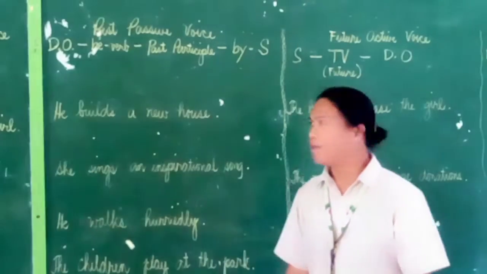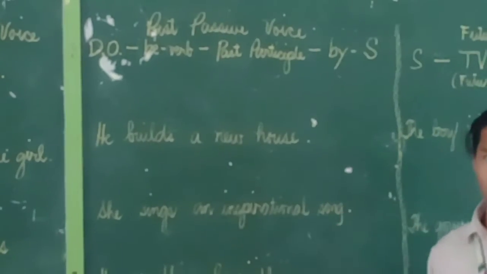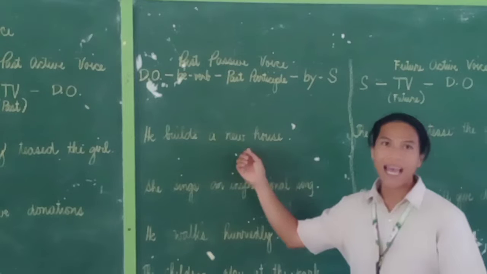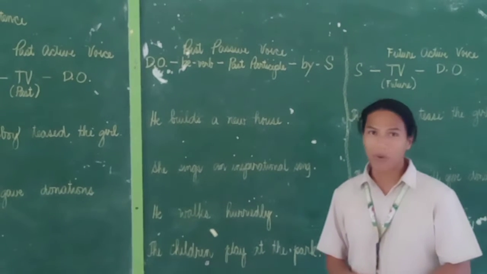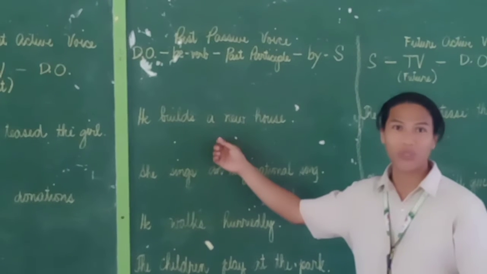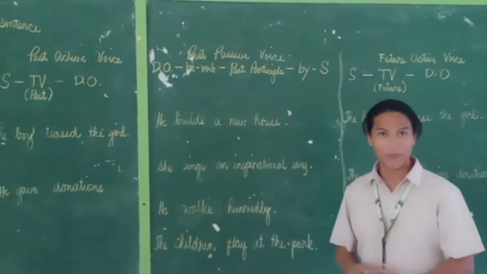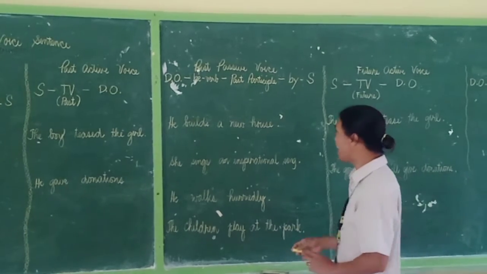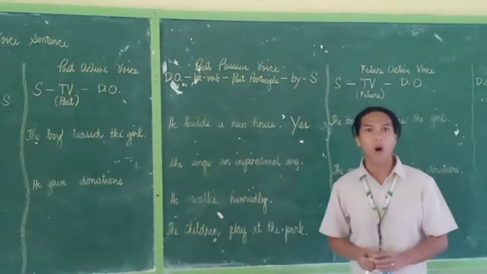Okay, let us read. He builds a new house. Can this active voice sentence be rewritten to passive voice? Pwede ba itong masulat sa passive voice sentence? Yes or no? Okay, the answer is yes. Let us find out why.